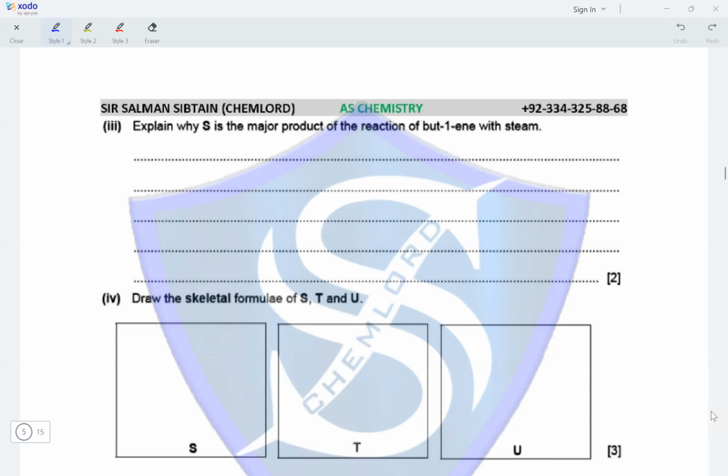Explain why S is the major product of the reaction of but-1-ene with steam. So when S forms, it contains a secondary alcohol. So a secondary alcohol is formed due to the formation of a secondary carbocation.